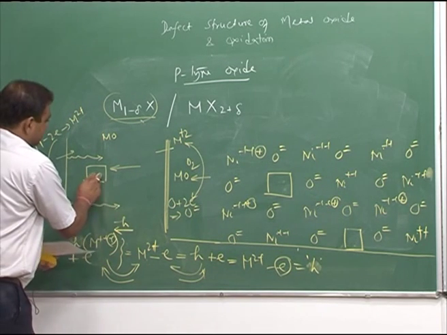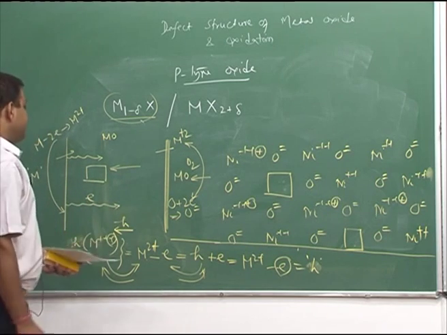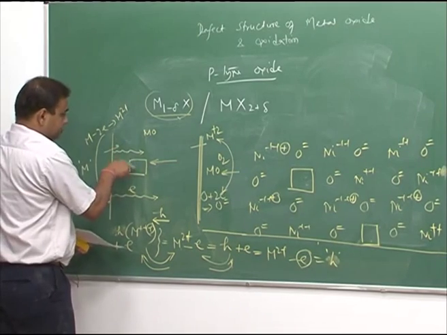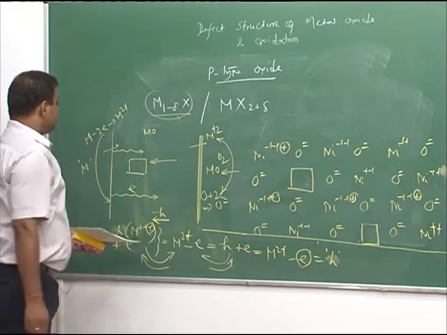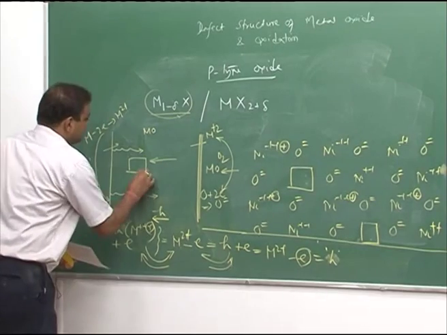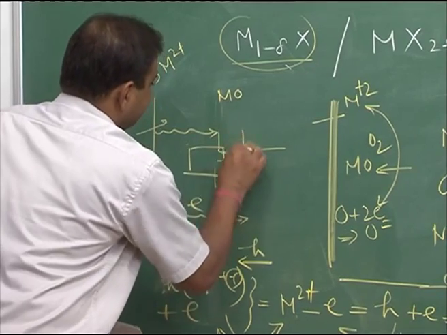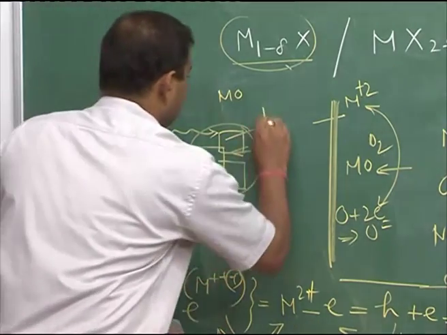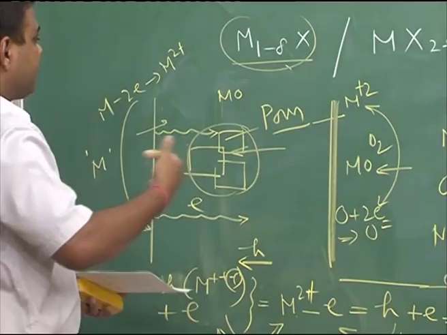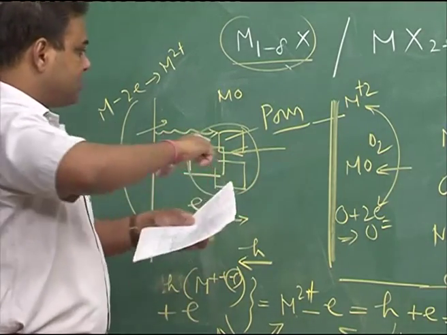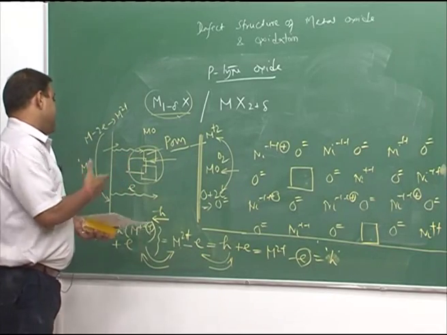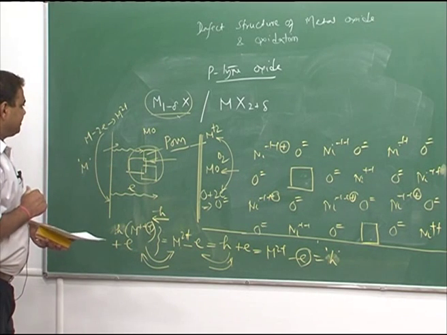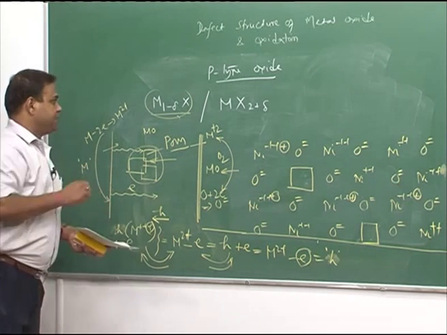Now, we see that the hole is also moving this way. This metal cation diffusion is taking place through the hole metal cation interaction, and a couple of holes can combine and form a pore here. So, this is a pore. One pore can be created due to the combination of many holes, and this is the mechanism of how a pore forms in p type oxide.